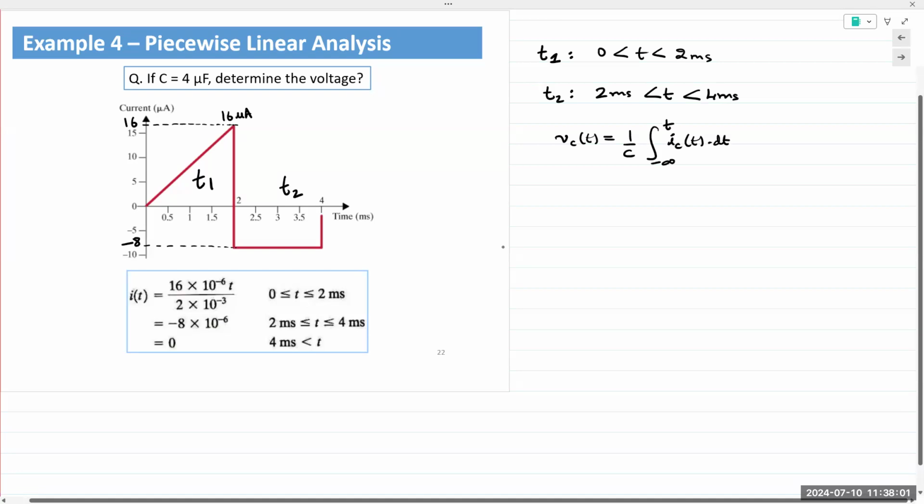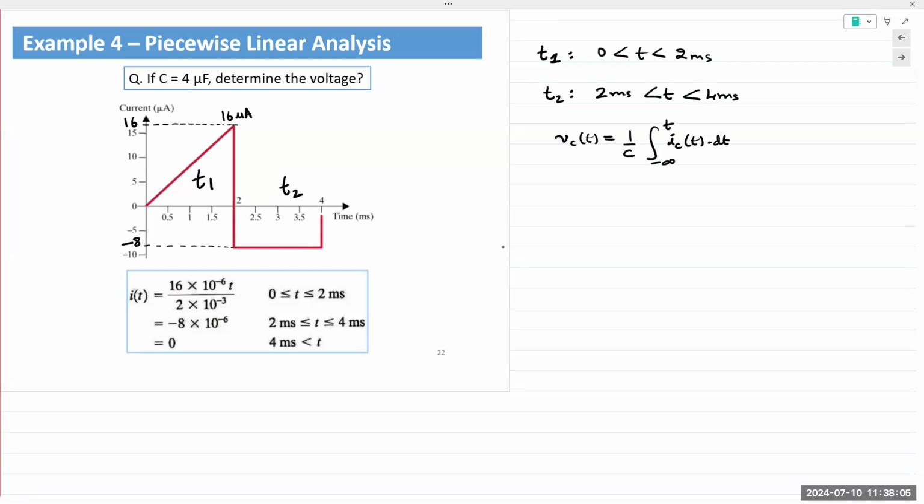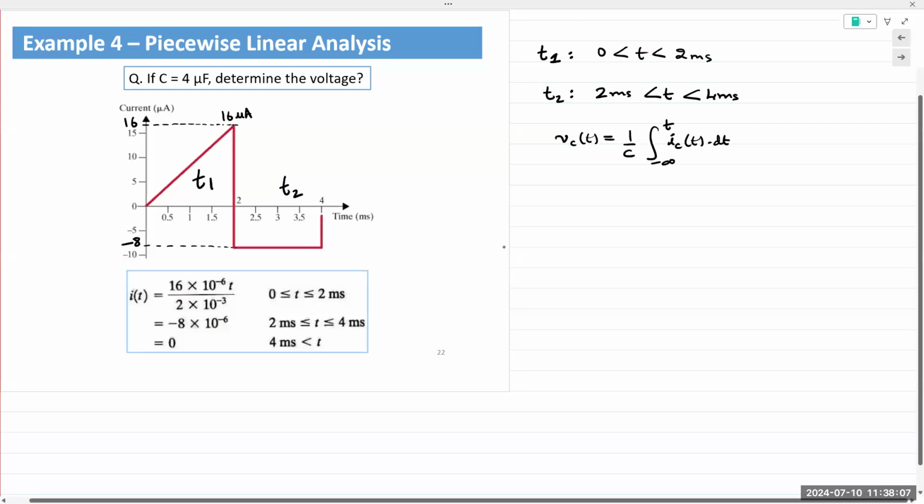This is the standard expression to determine the voltage from the current. Right, so we have VC of t is 1 over C integral of IC of t.